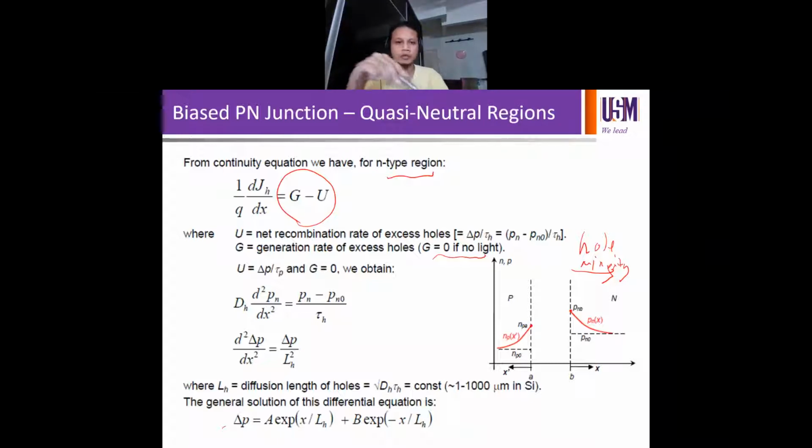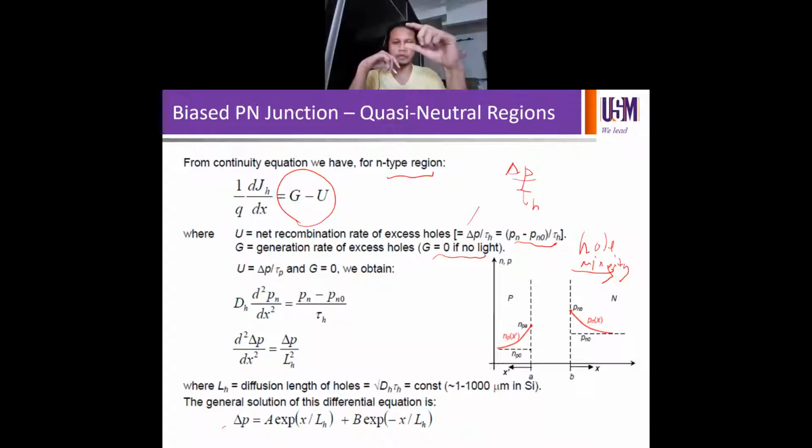If you look at U, the net recombination rate of excess holes, that will be given by delta P over tau h, right? So that will be given by Pn minus Pn0 over tau h. So delta P is Pn minus Pn0: the minority carrier holes in n-type minus the minority carrier holes in n-type at thermal equilibrium.